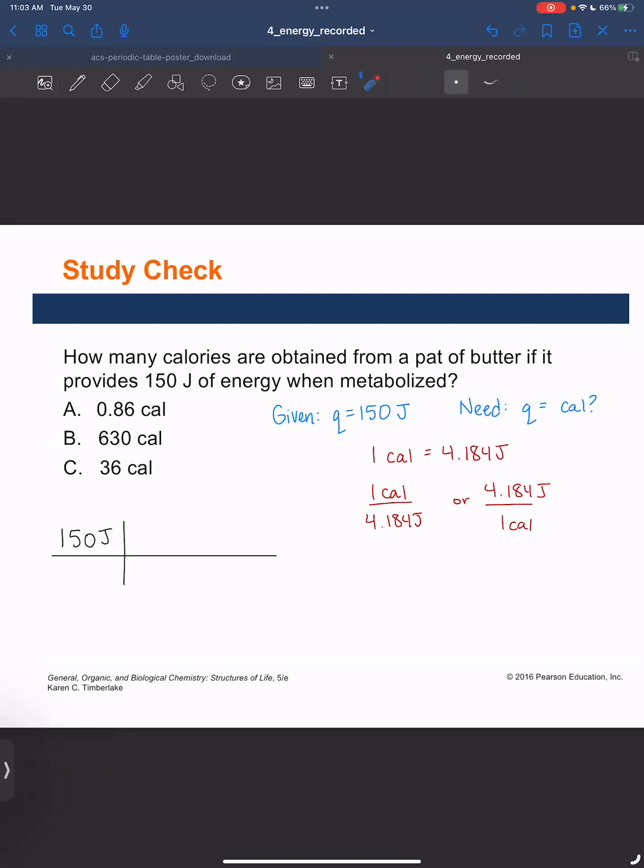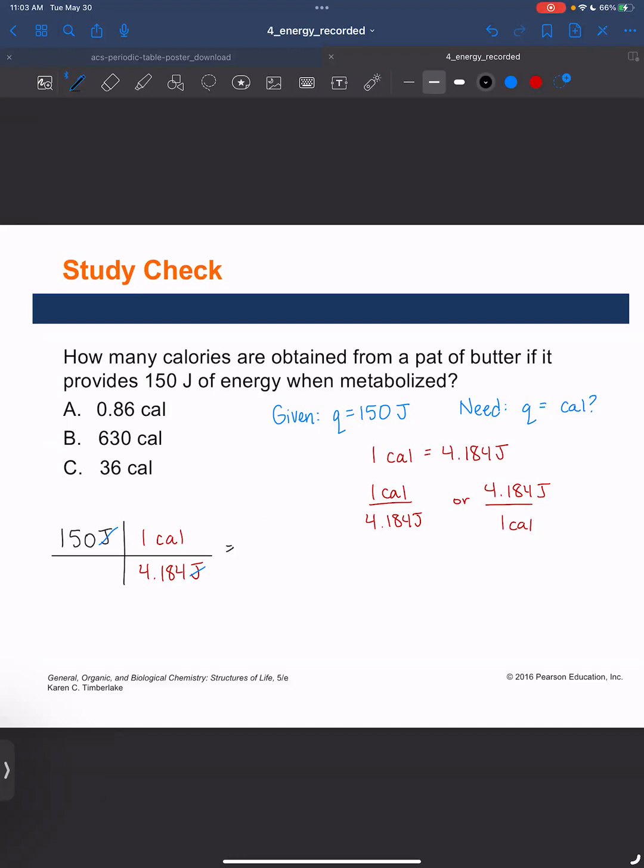So in this case here, did you choose the first conversion factor or the second? It is the first conversion factor. Good. Because that allows us to cancel out joules, and that will leave us in the units of calories, which is what we're going for here.